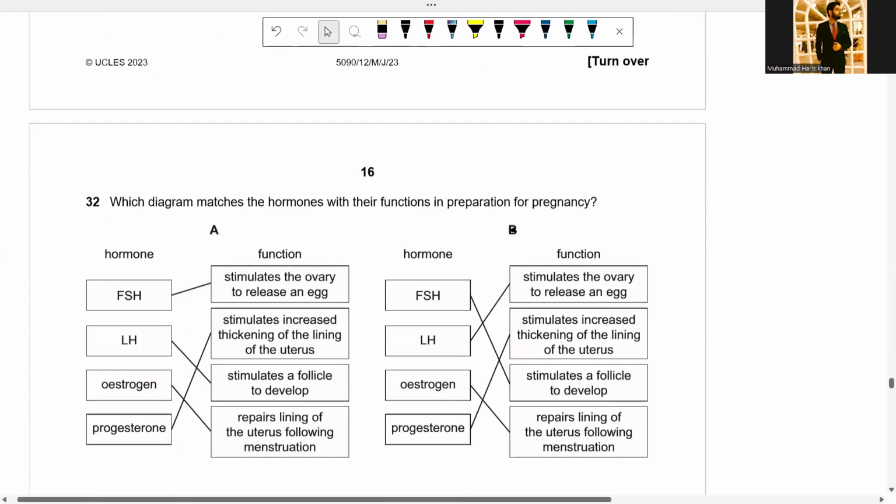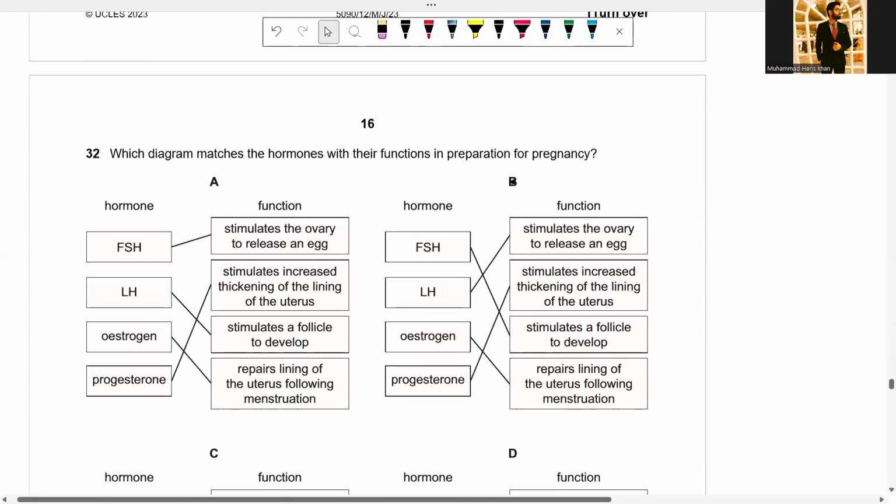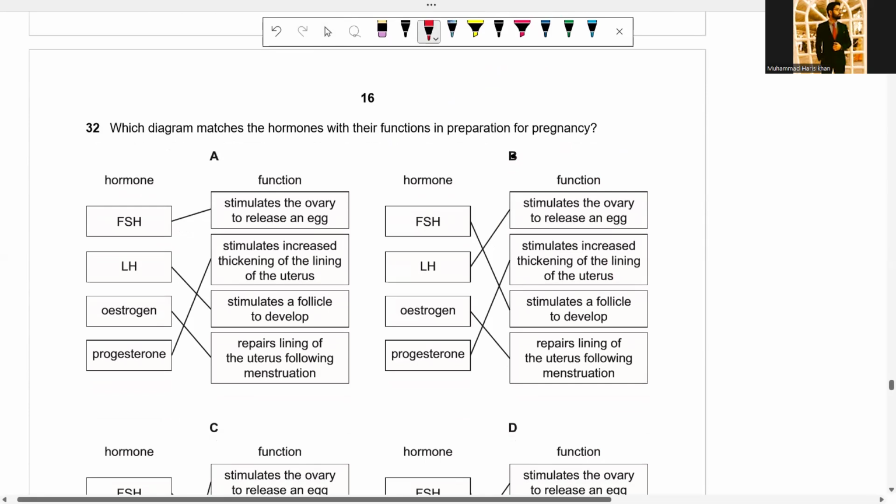Question number 32: which diagram matches the hormone with their function in the preparation for pregnancy? FSH, it is a follicle stimulating hormone. It stimulates the follicle development. LH, luteinizing hormone. Luteinizing means turning yellow, and it stimulates the ovary to release the egg, that is ovulation. And then the estrogen. Estrogen repairs the lining of the uterus following the menstruation.